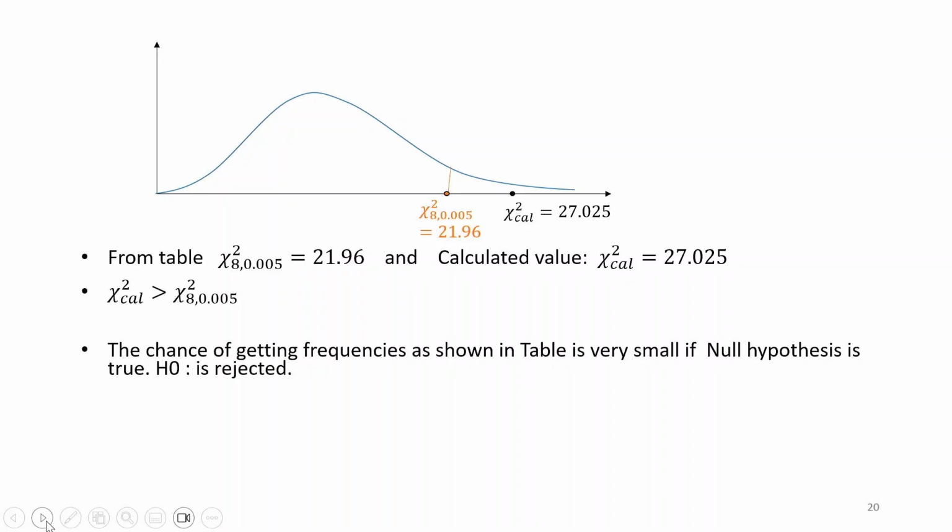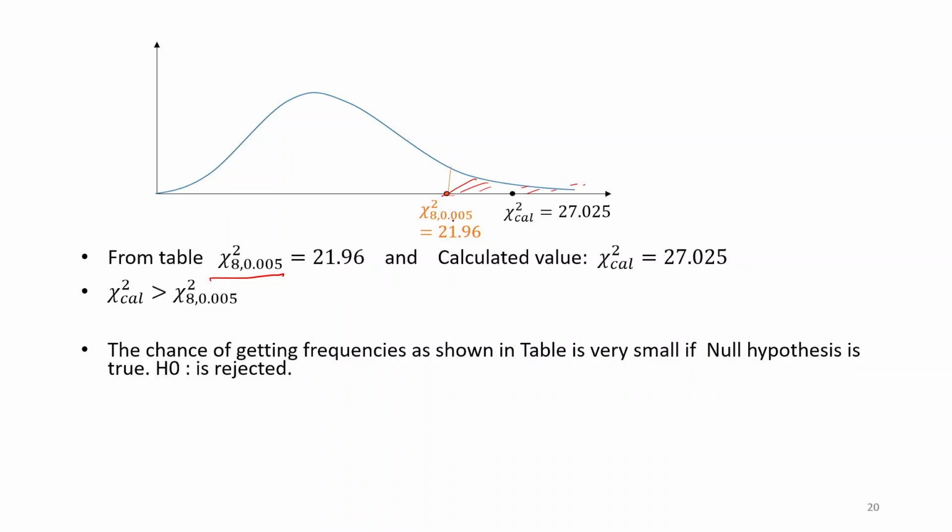Now if I try to find from the table the value of chi-square at 0.005 level of significance. The level of significance means the area under the curve beyond this value, this area.